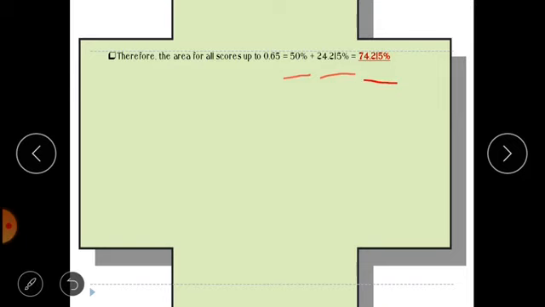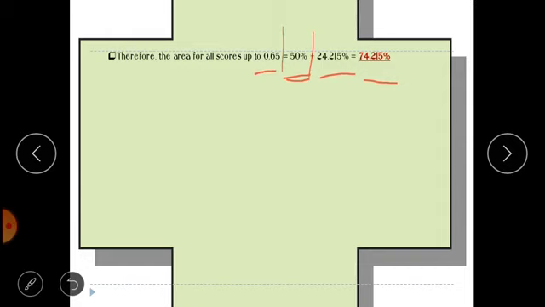So, yung 50% is half nung lahat ng score natin. Yung 24.215% ay nakuha natin sa half nung area nung 0.65 na z-score natin.